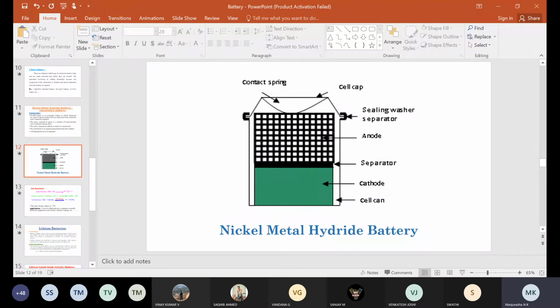Written all of you diagram. You need to unmute and answer. Written. No, sir. Write it fast because one more battery is there.